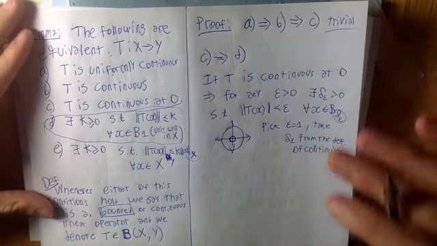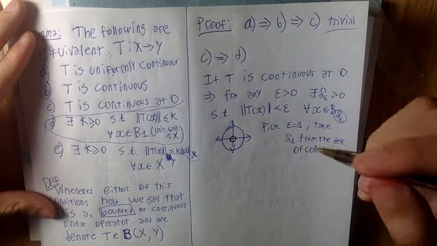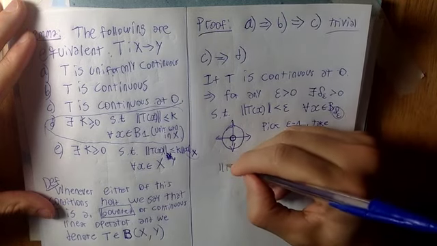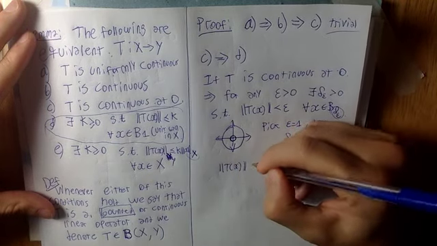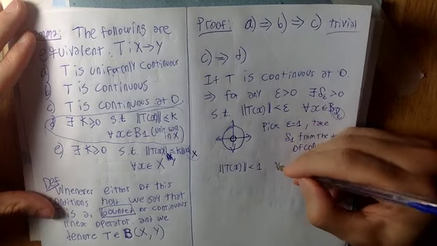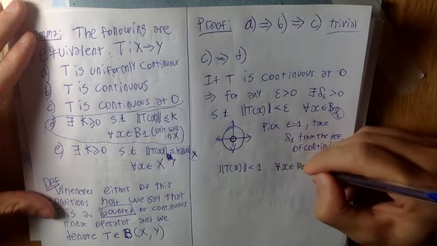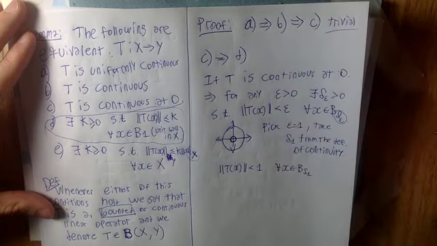Doing this, we have that the norm of T of x is less than 1 for every x in the ball of radius delta 1. But now we can use the linearity to pass this information from the ball of radius delta 1 to the ball of radius 1.